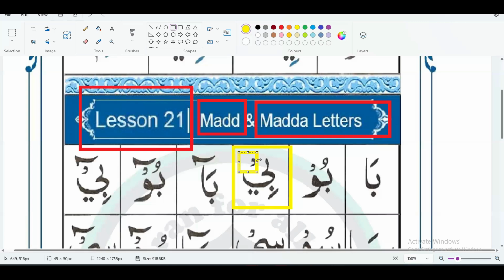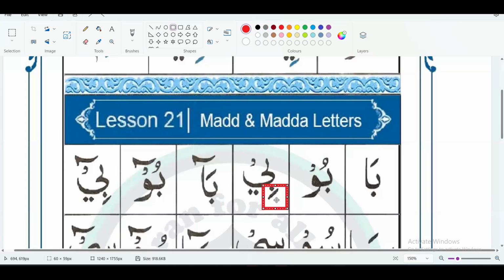See, this is the same sign I told you in the previous word when vav has sukoon. So this is the same when ya has sukoon. Okay, when ya has sukoon and the letter before it has Kasra, yes. So then we call it ya madda.